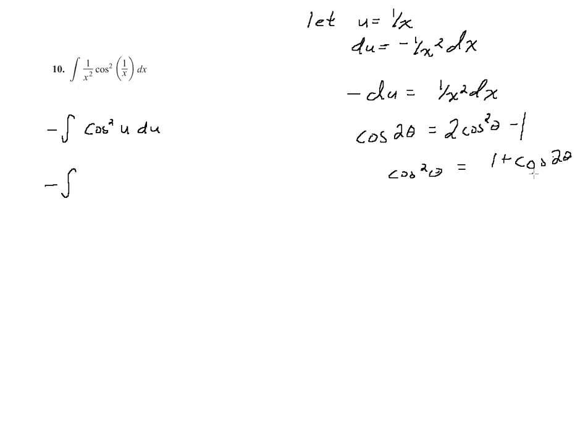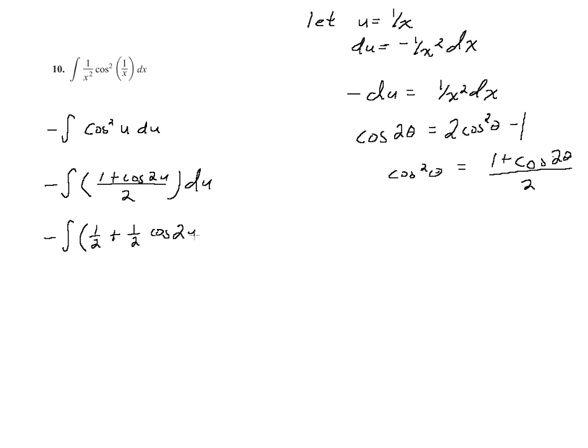So I can substitute in for cosine squared of u, 1 plus cosine of 2u over 2. And now I can just break this up into 1 over 2 plus 1 over 2 times the cosine of 2u. So we have negative times 1 over 2 plus 1 over 2 cosine of 2u du.